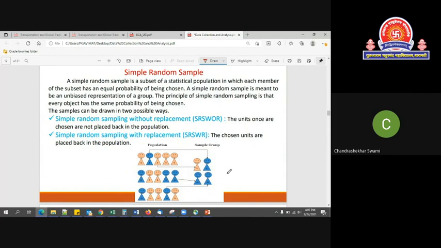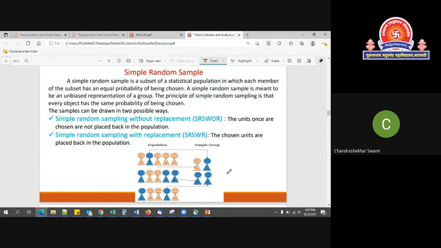The principle of simple random sampling is that every object has the same probability of being chosen. Suppose in your population there are a total of capital N elements. So the probability of selecting any item in your sample is 1 upon capital N.